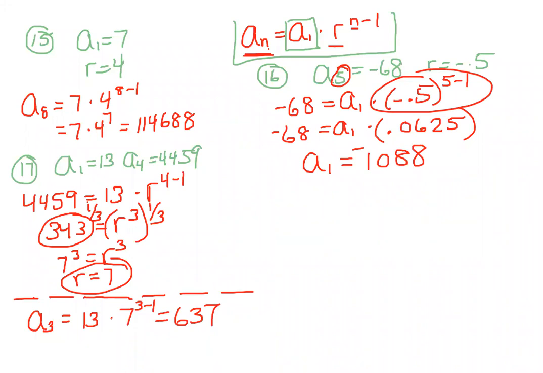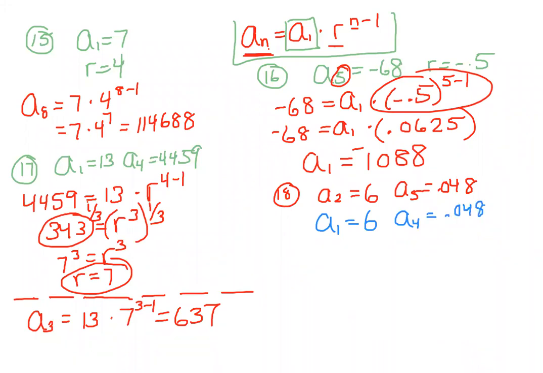All right, number 18. We've got A2 equals 6 and A5 equals 0.048. Find A4. All right, so I'm going to rename these and call this A1, which means if A2 is A1, then A5 is A4.